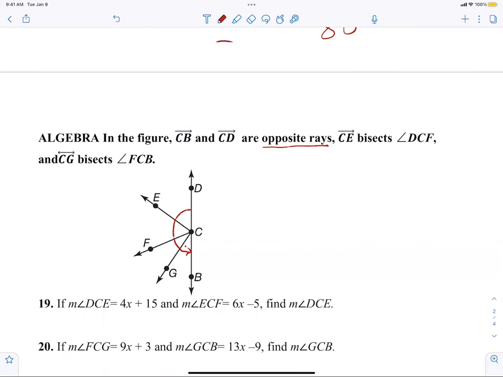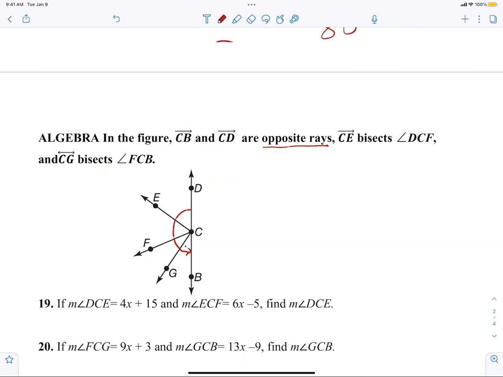And again, that 180 degrees is just completely made up. A long time ago, the Babylonians, when they first figured out the circle, they just said, wow, we're going to make it 360 degrees because 360 degrees is divisible by so many numbers. Later on, they decided to measure it differently using radians, which you'll learn a little bit later in life. But right now, we only have one way of measuring, that's with angles.